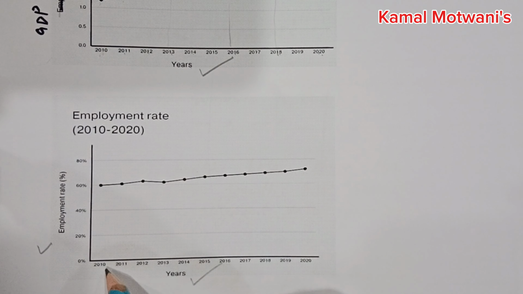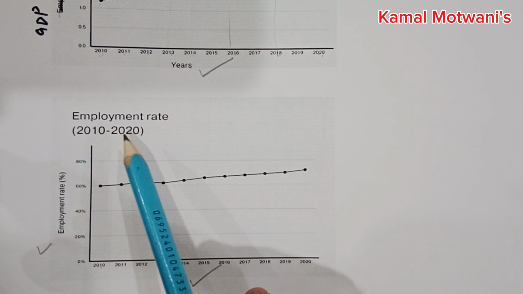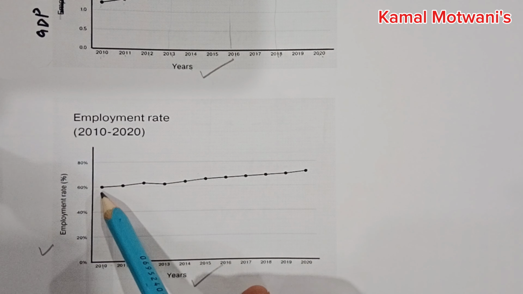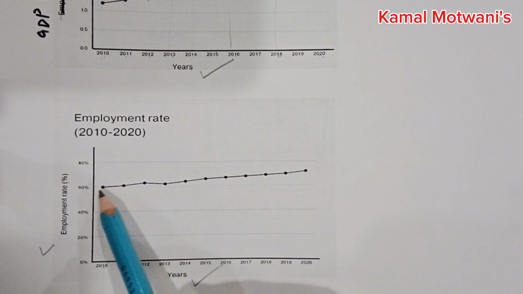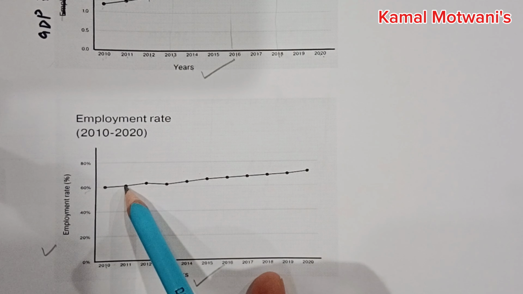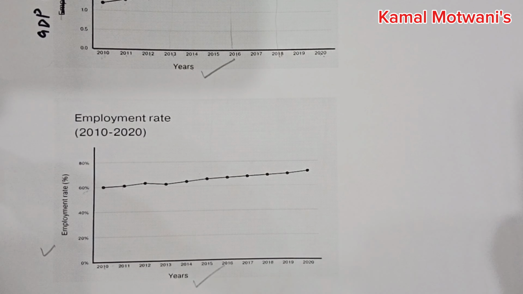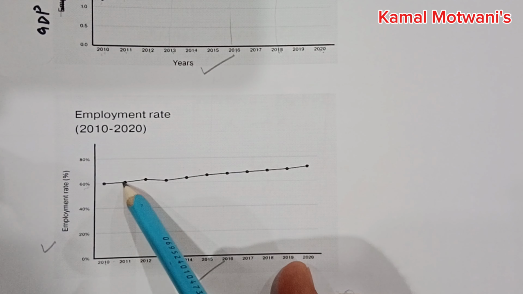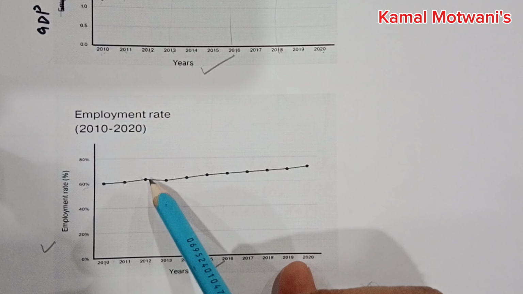In 2010, the employment percentage was 60%. You can see this is exactly 60%. Okay, then it is a bit higher than 60%, which is 61% in 2011. After 2011 with 61 percent, then in 2012 it is around 63.